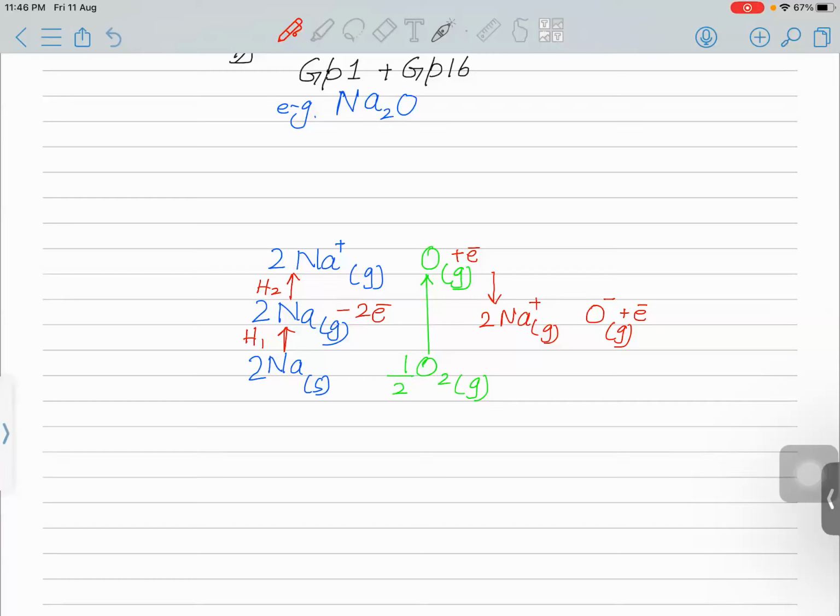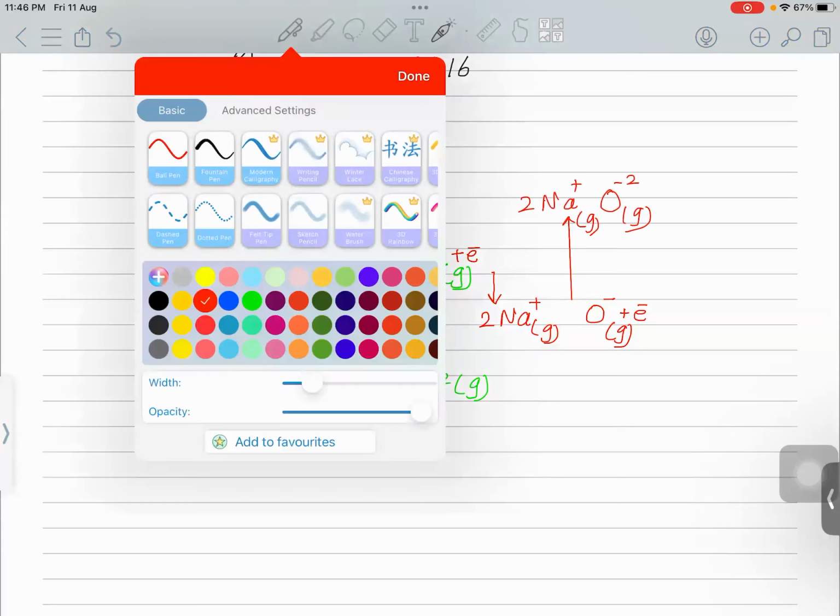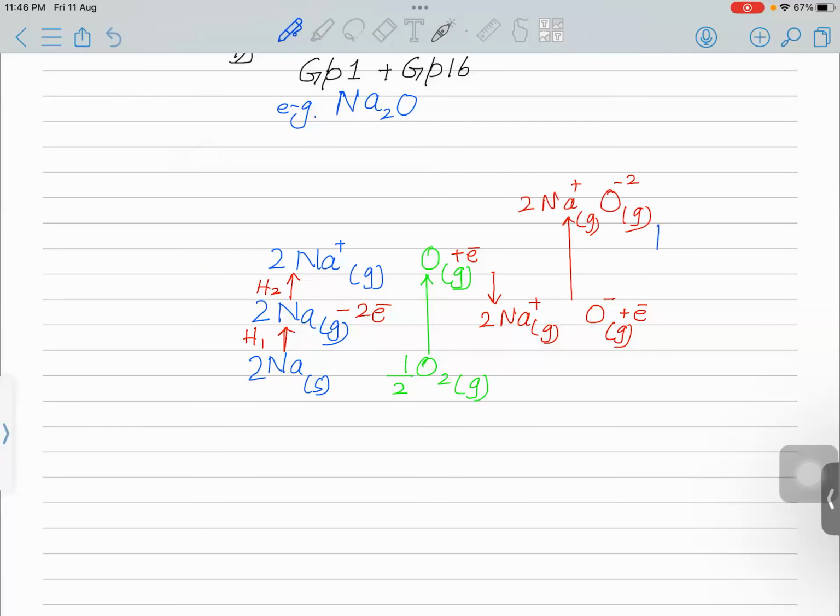Endothermic. Very good. So it means this time arrow is upward. Are you getting my point? This is sodium positive and this becomes oxygen -2, gaseous. Now both are ready to form ionic bond.